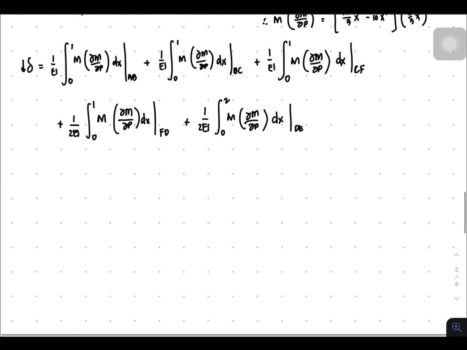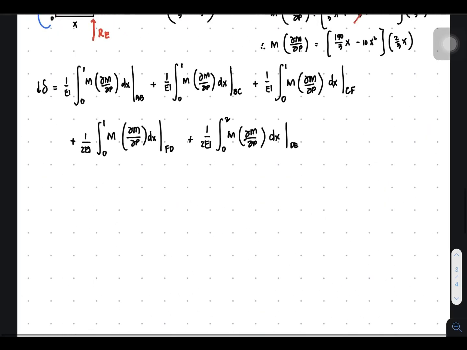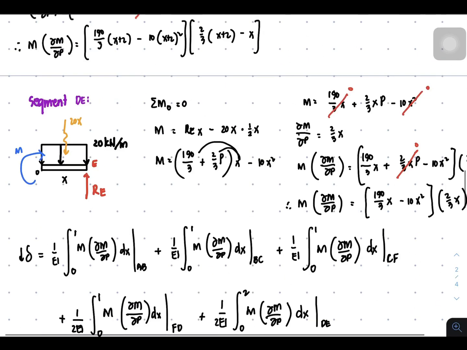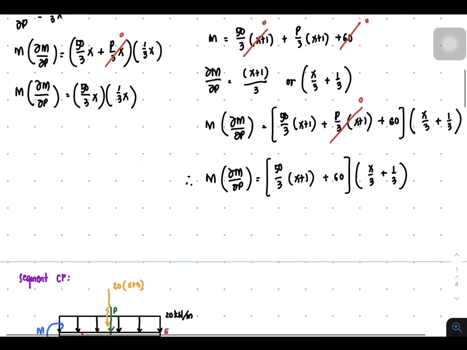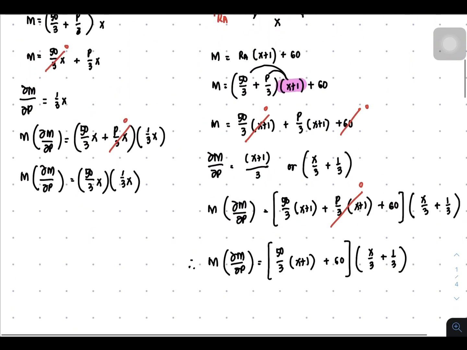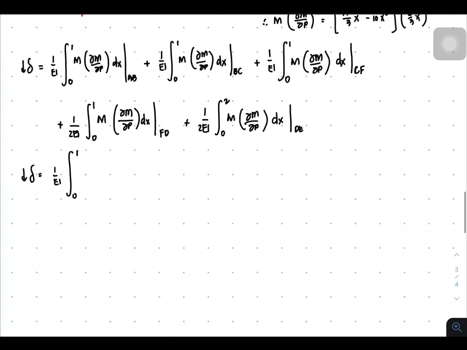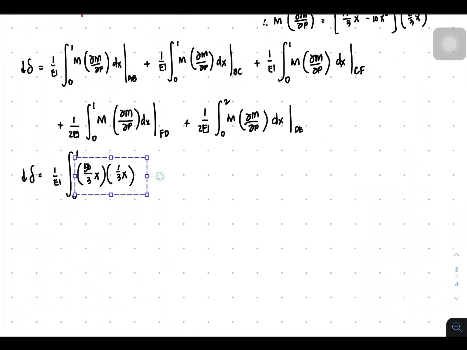Okay, so what we're going to do now is copy the integral. So downward deflection equals 1 over EI integral from 0 to 1. Copy segment AB. So where is segment AB? Here. Copy that, paste it here. dx.